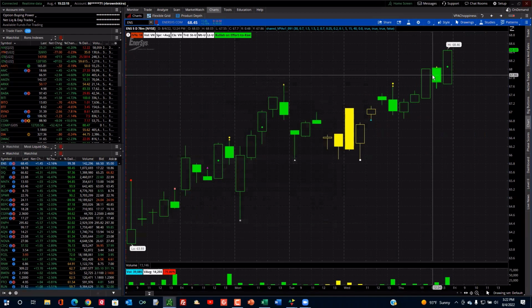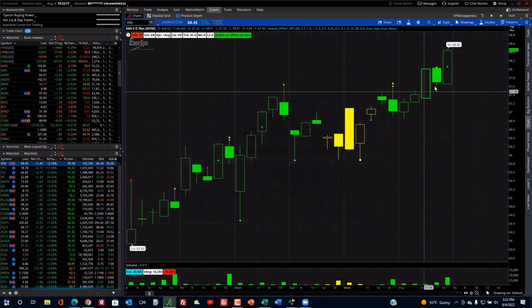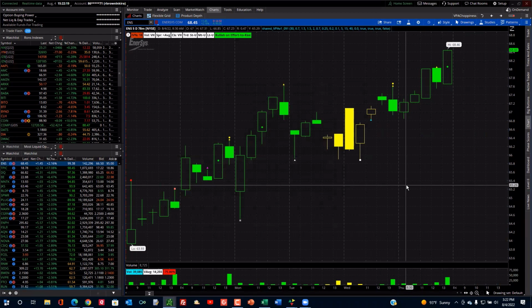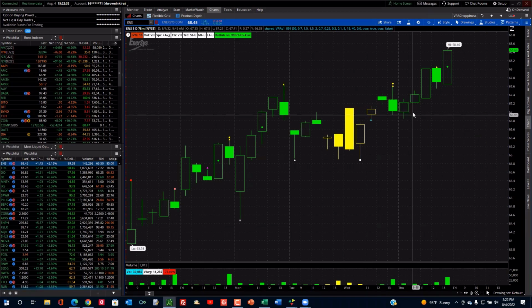And you can see 1, 2, 3, 4, 5 bars. So the 78-minute bars represent these 5 bars. What happened here, it probably opened here, and then turned around and closed near the high. What does that tell you? It tells you that this stock is being supported on that bar.